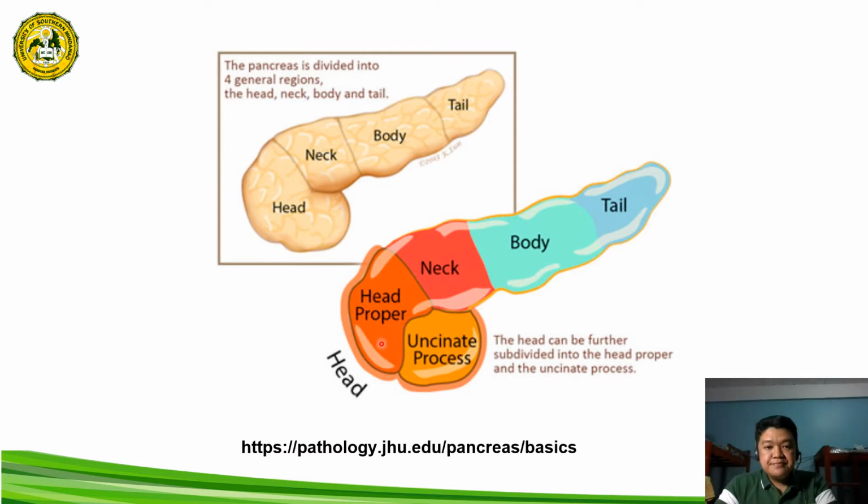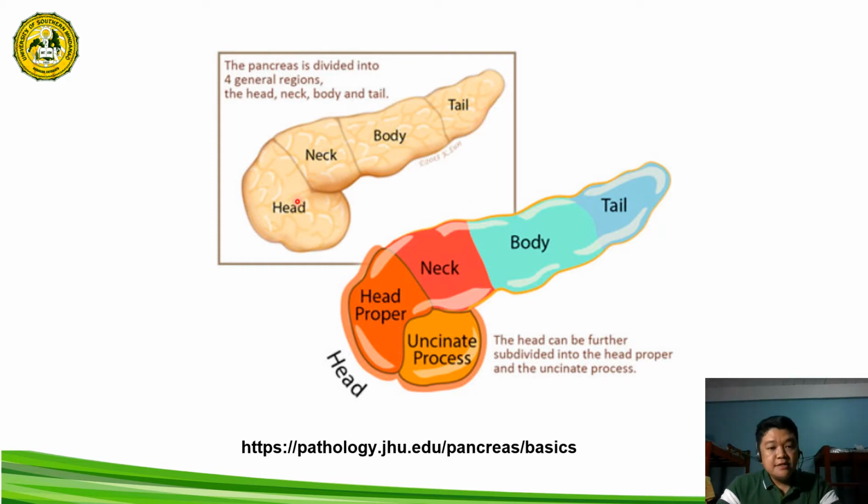In humans, the pancreas is also described to have 4 general regions. This figure is taken from the pathology department of the Johns Hopkins University. The pancreas in this figure is divided into 4 general regions. We have here the head, the neck, the body, and the tail.